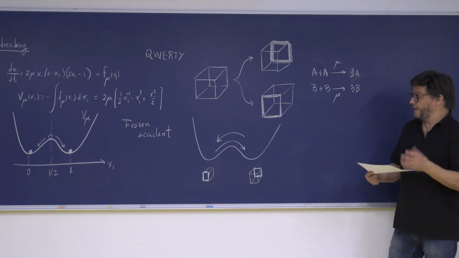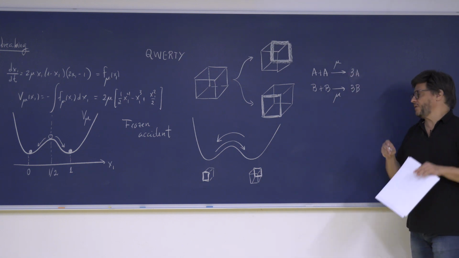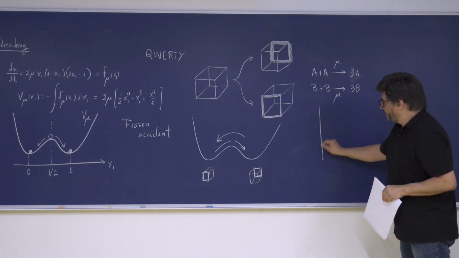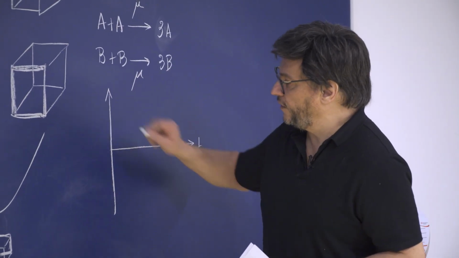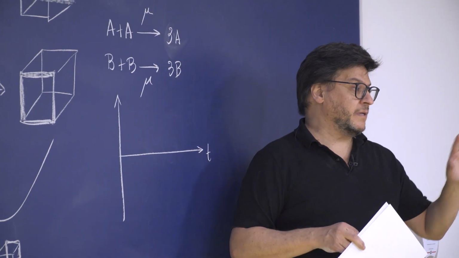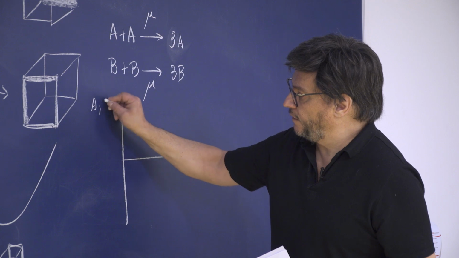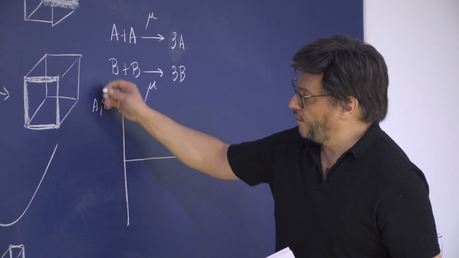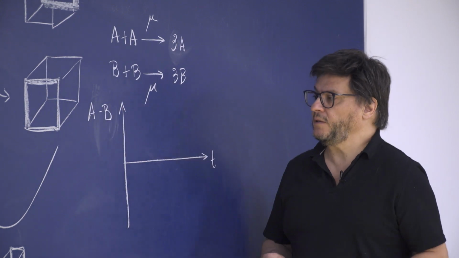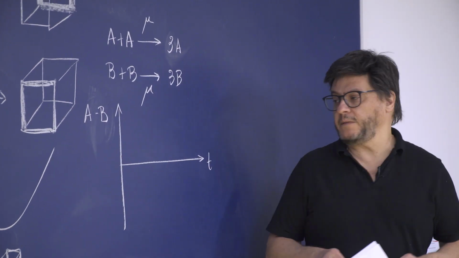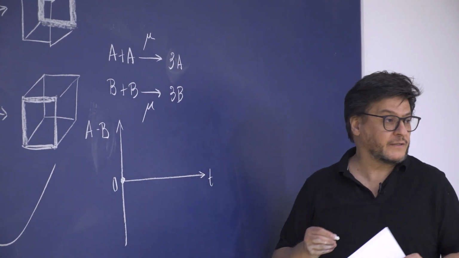For example, a very nice one is to make a simulation model, with space, for example, and see that if this is time, imagine that you start from an initial configuration where A and B are more or less the same. Suppose I take population A minus population B, and this will be 0. So at the beginning I'm here, more or less.